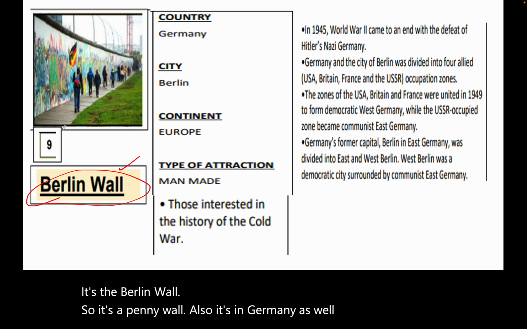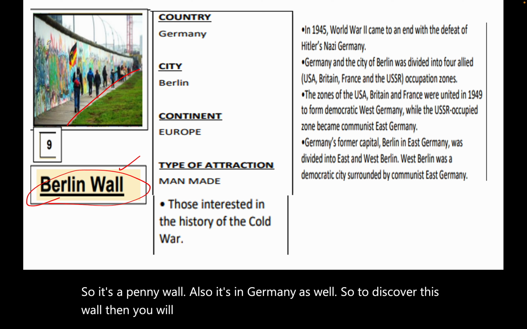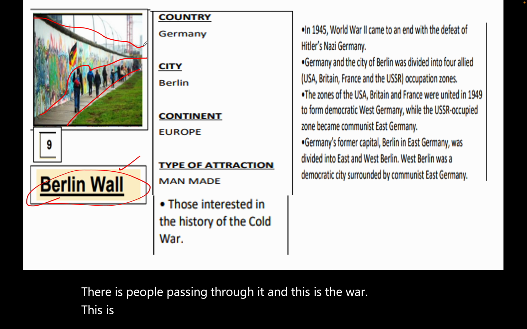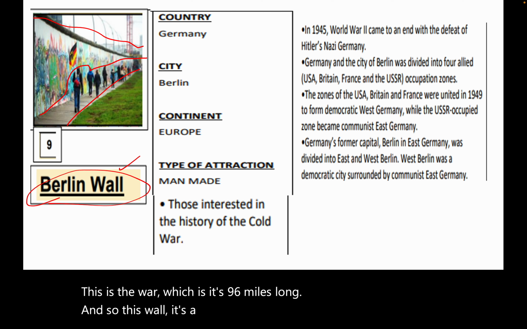To discover this wall, you will see there are people passing through it, and this is the wall, which is 96 miles long. This wall is a concrete wall, made out of cement and water and gravel as well.